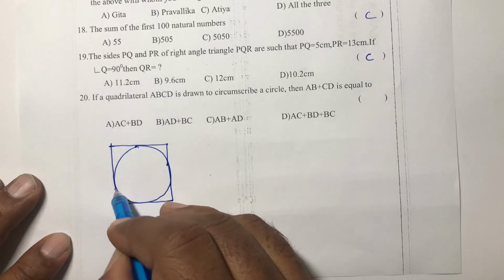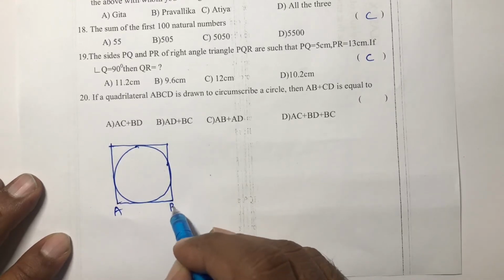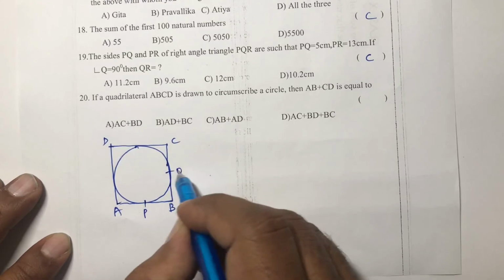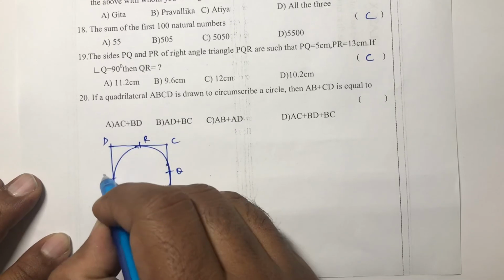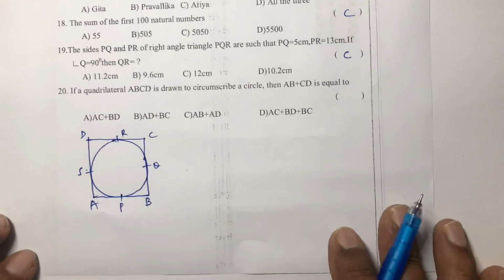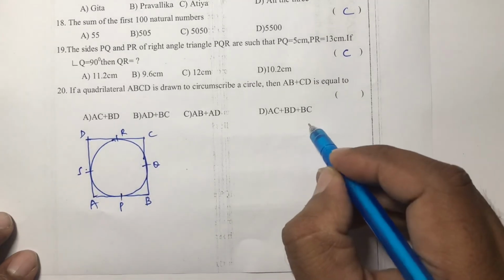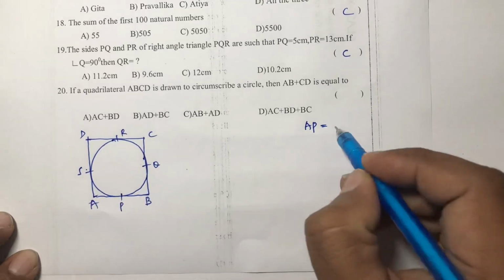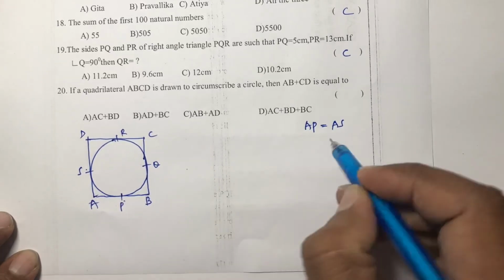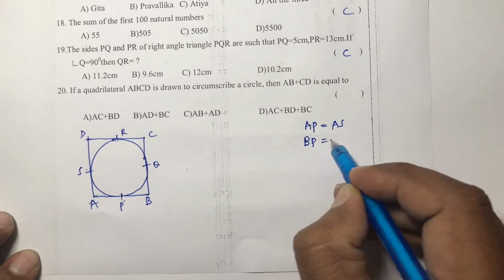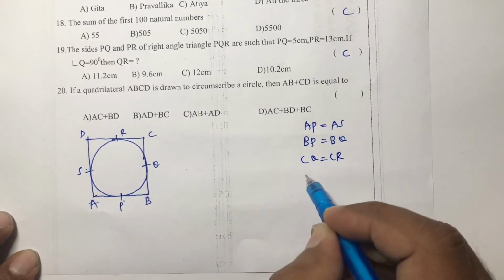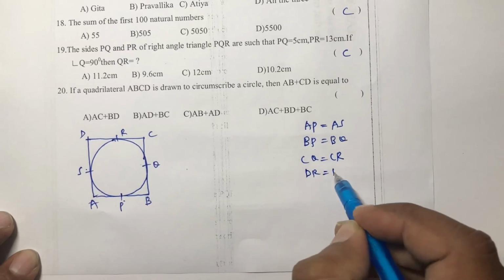You can take it like this: A, B, C, D. Points of contact, you can take P, Q, R and S. Now here the tangents drawn from an external point are equal: AP equals AS, BP equals BQ, CQ equals CR and DR equals DS.